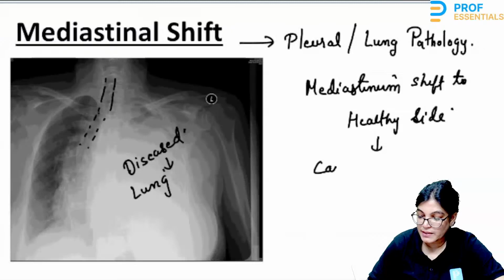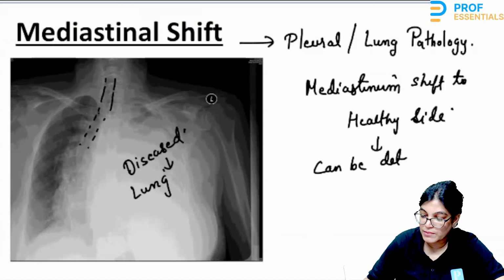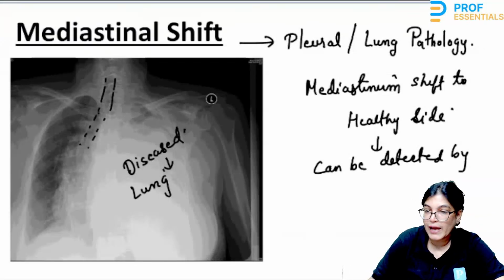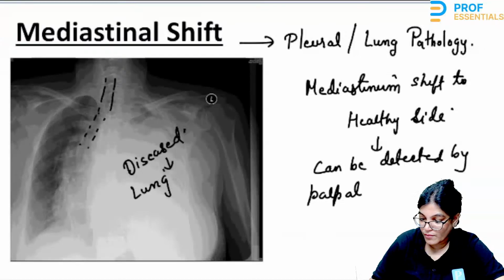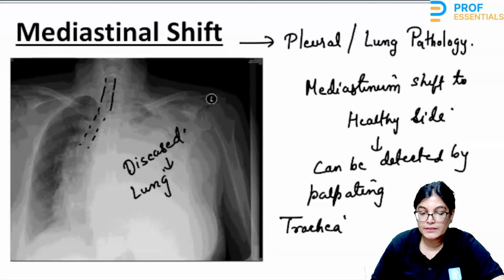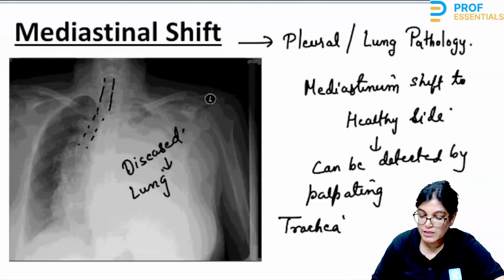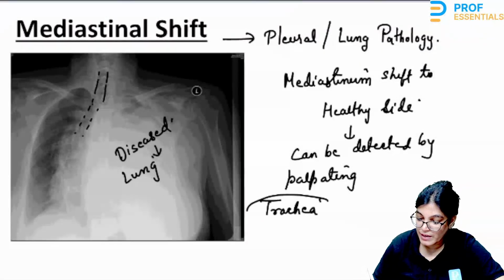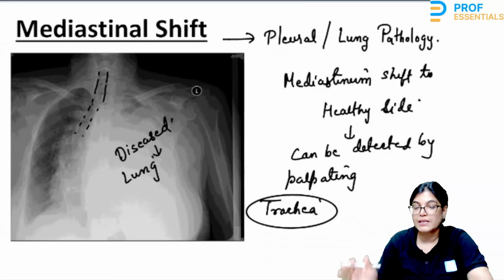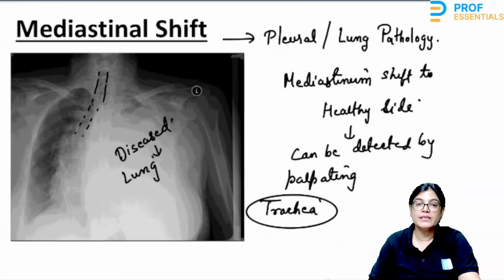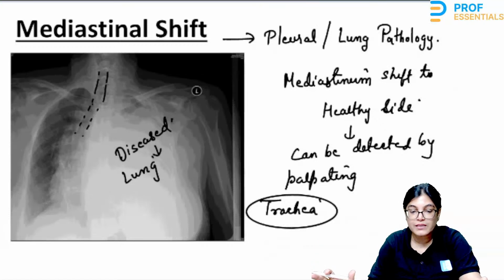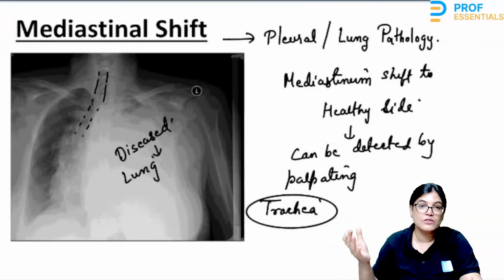This condition can be detected by palpating the trachea in the suprasternal notch. The shift happens to the healthy side because on the disease side the space is less and the intrapleural pressure is increased. So that shifting of the mediastinum happens.